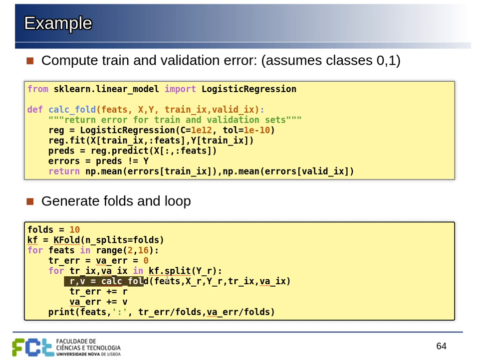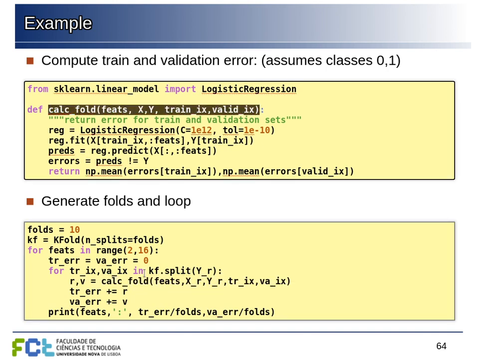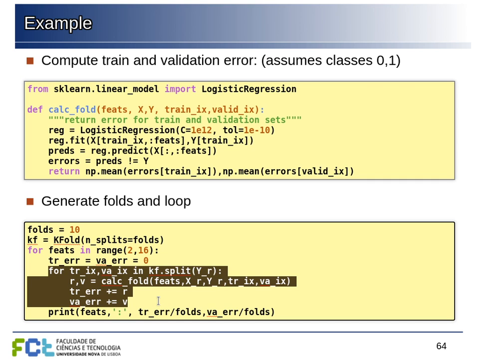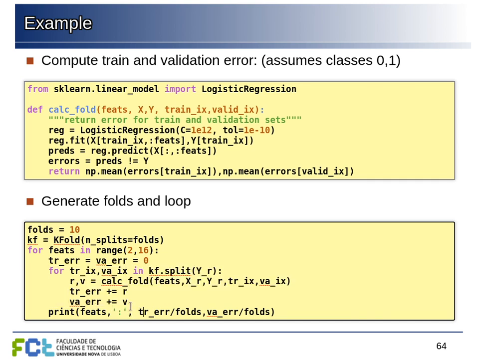We compute the fold using the calc_fold function there, and this tells us the training error and the validation error for this particular fold with this number of features here. And now we add this over the different folds, and we can print the average training and validation error by dividing by the number of folds.